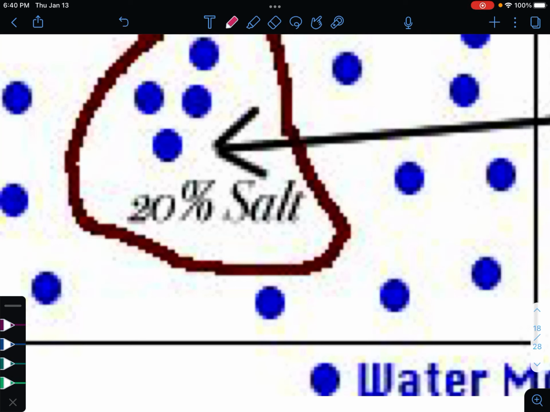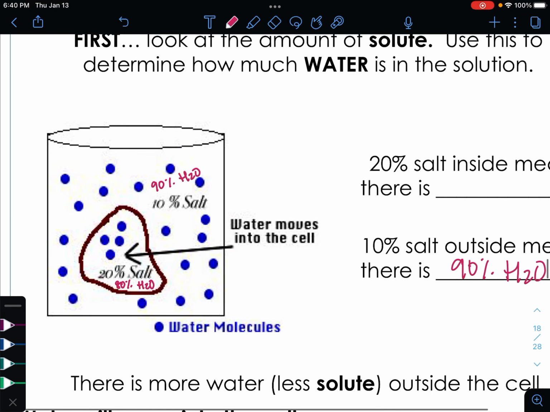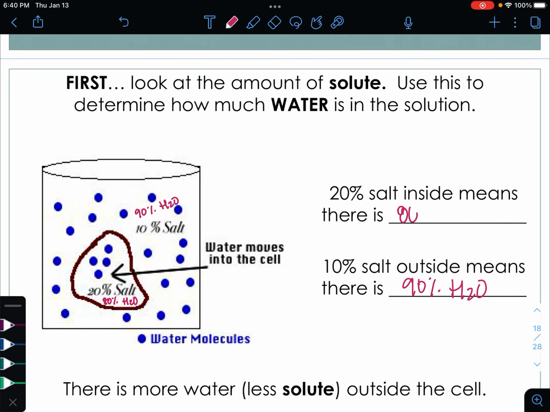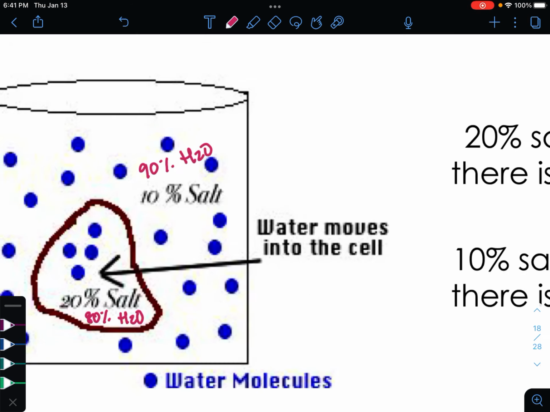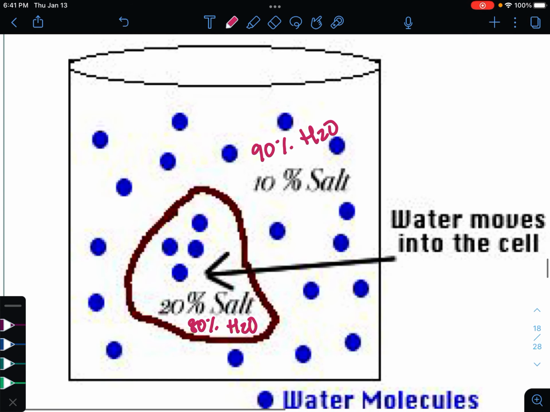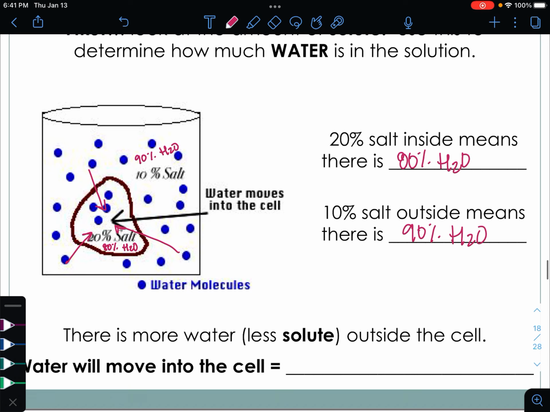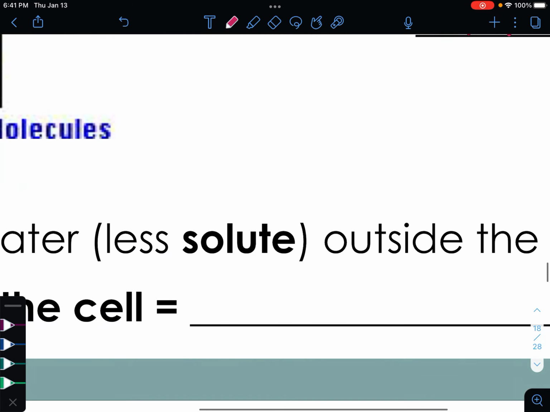So 100 minus 20 is going to be 80% water. And remember, since we go from high to low, there's more water outside, so our water is going to go into our cell, which is going to increase our cell size.